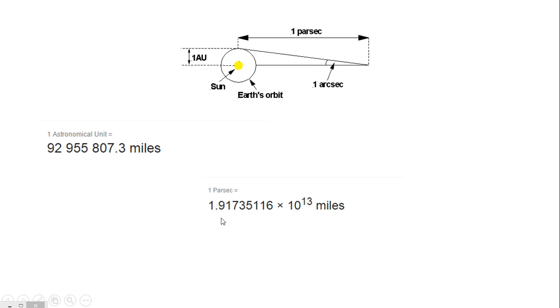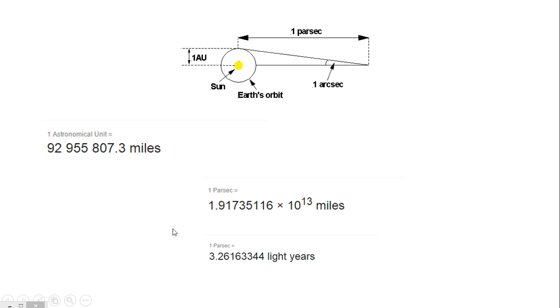So that's a rather huge distance. That's a very small angle, but when the rays of that angle are separated by a distance of 93 million miles, we will have traveled effectively what we call 3.26 light years, which is 1 parsec.